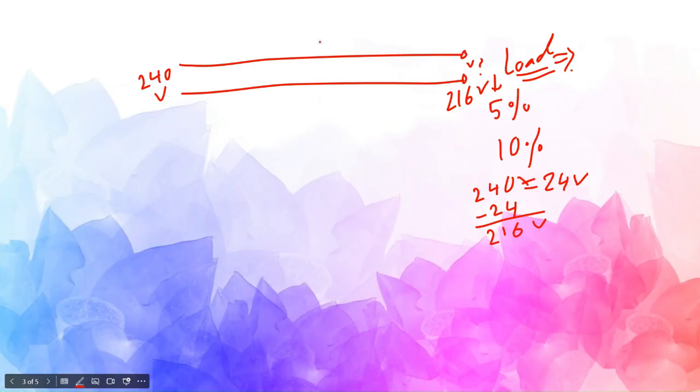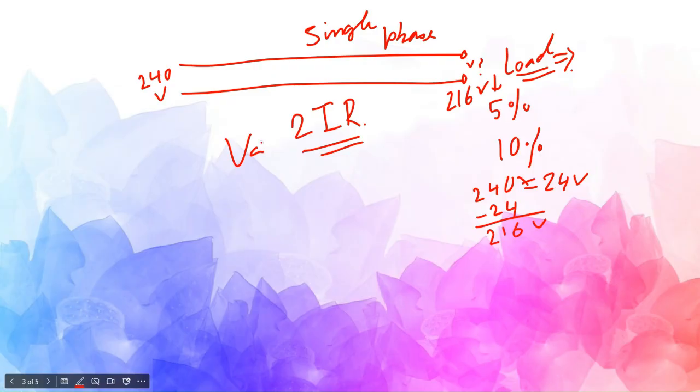So the formula for this single phase system is 2 into I into R. That is the voltage drop, VD. VD equal to 2 into IR.